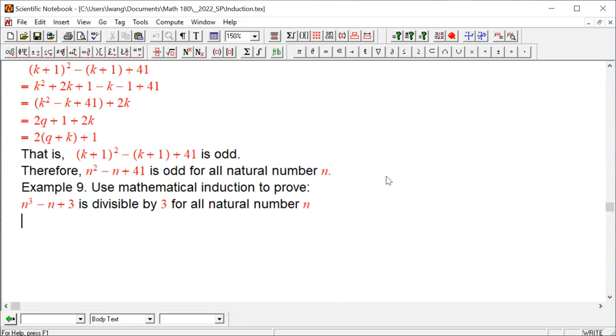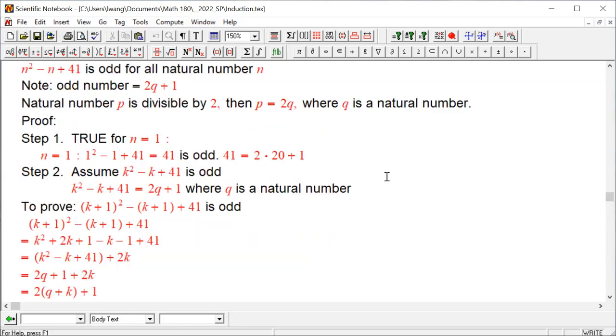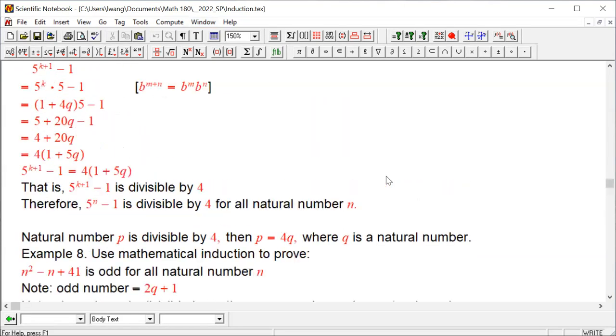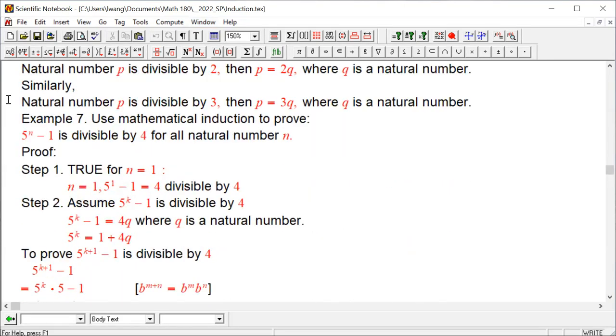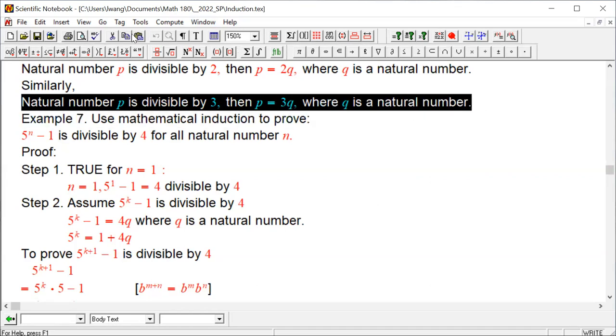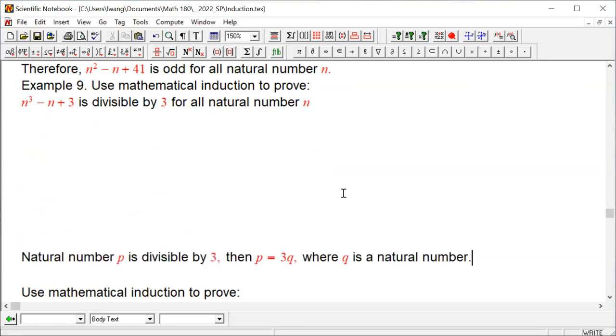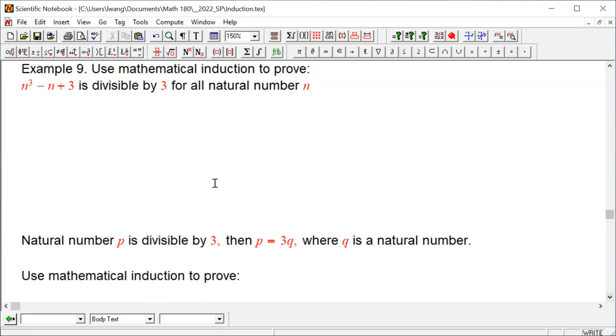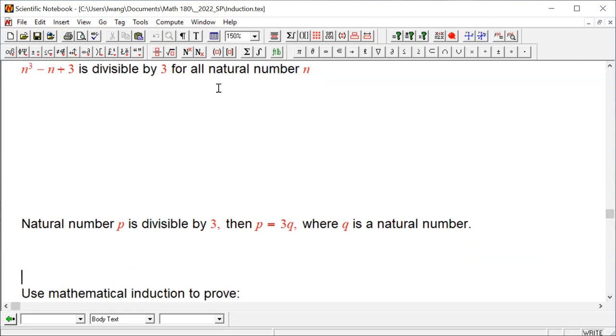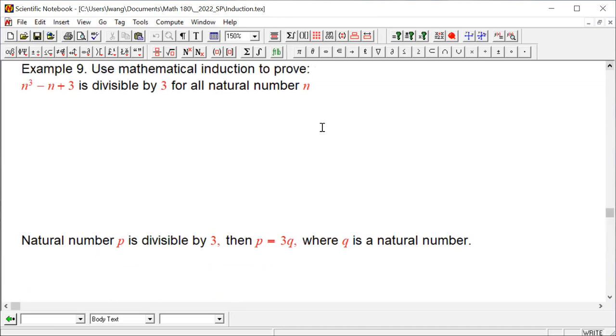I'm still going to bring the definition of a natural number divisible by 3 with us, in case we need it. So how about you pause this lecture right now and try it on your own? Pause it and try it.